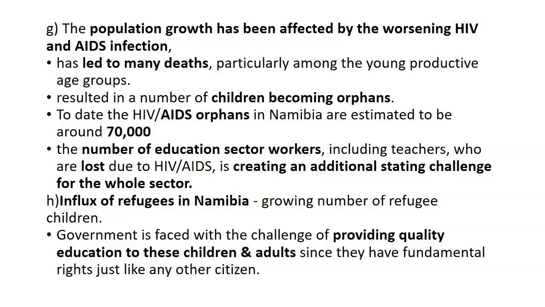Then we've got the influx of refugees that we had in Namibia. That means more and more refugee children, and the government is faced with a challenge there to provide them with quality education, not just to the children but the adults as well, since they have fundamental rights just as any other citizen.